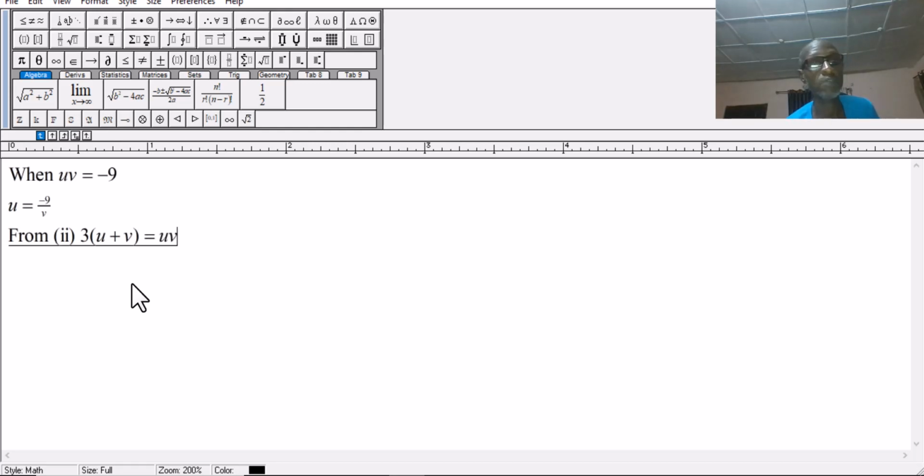So I can substitute anywhere. So I have 3 into minus 9 over v plus v is equal to uv, which is equal to minus 9.